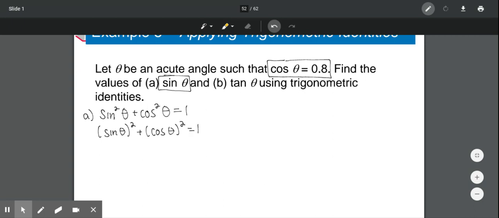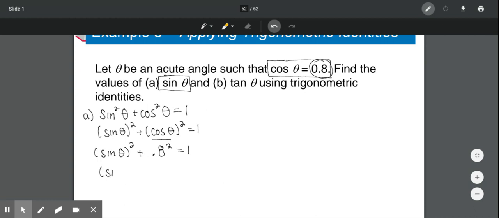Sometimes visually that makes more sense when we're doing substitutions. Since the cosine is 0.8, in for this whole cosine, I can substitute 0.8. So I have the sine of theta squared plus 0.8 squared equals 1.